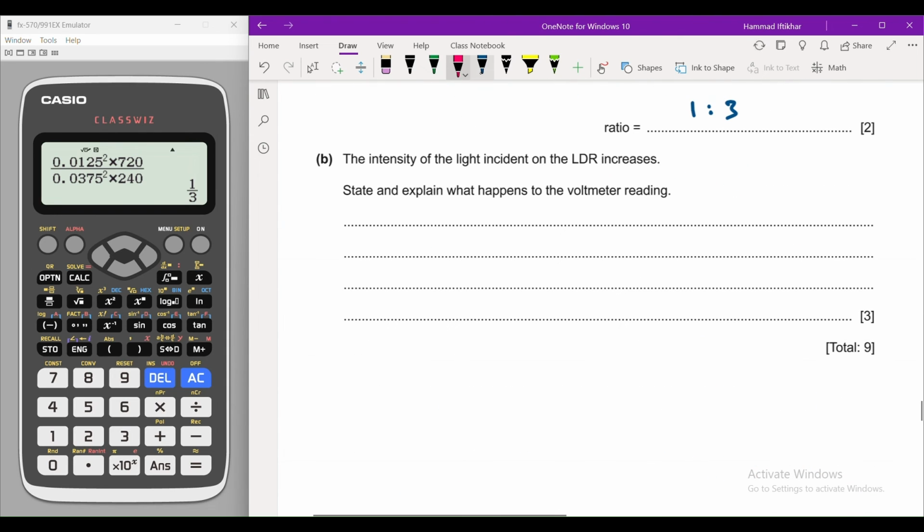So let's write this as: light intensity increases, the LDR's resistance decreases.